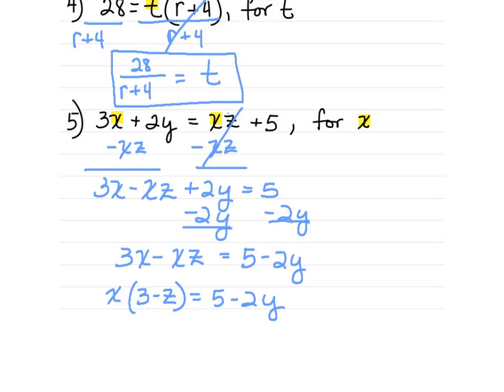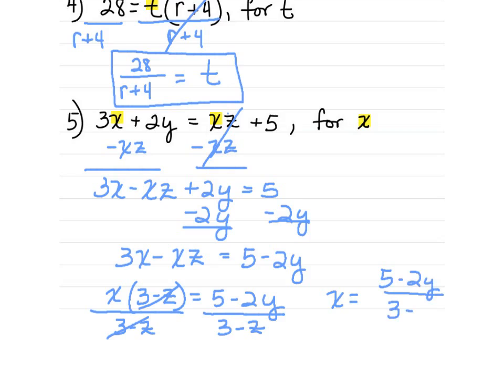And finally, in order to get x alone, I'm going to divide by 3 minus z on one side. Whatever I do on one side, I'll do to the other, therefore isolating x. So x equals 5 minus 2y over 3 minus z.